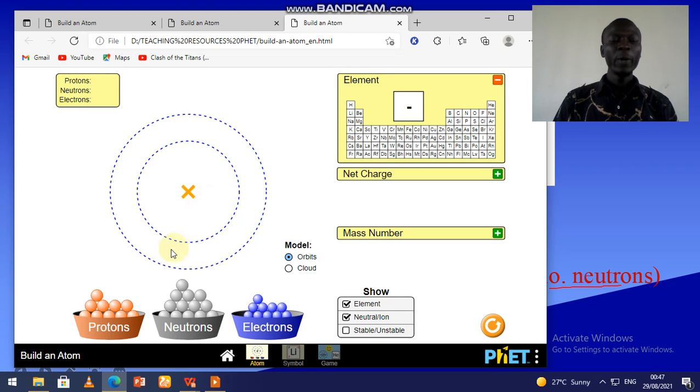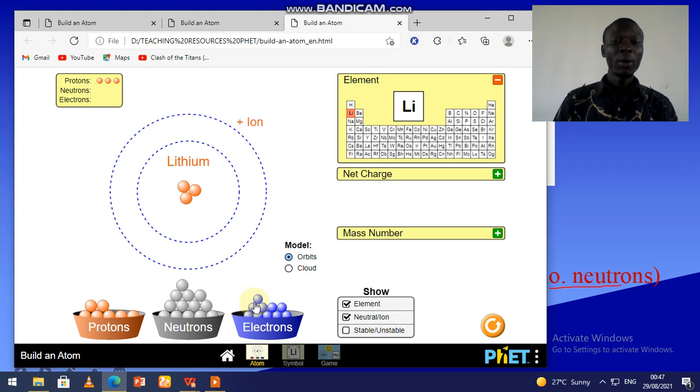If we are to illustrate a lithium atom, how many protons did we say a lithium atom has? We said it has 3 protons. So these are protons. I'm going to put 3, and they are found in the nucleus at the center. Then how many electrons should it be having?